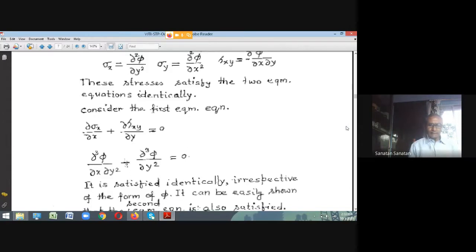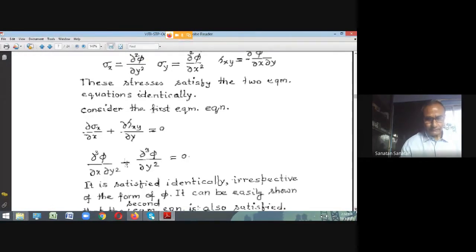Now the question is, how do we determine phi? How do we get an equation for determining phi? You remember that we had one equation, the compatibility equation.